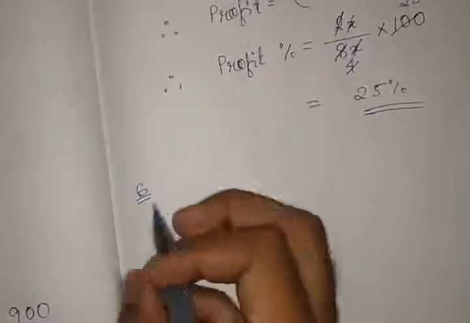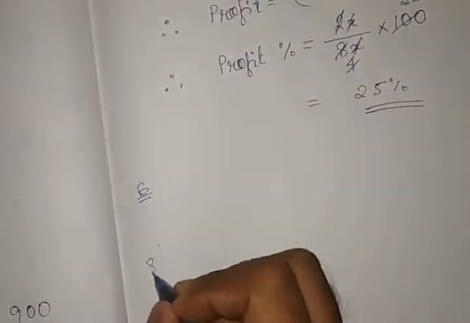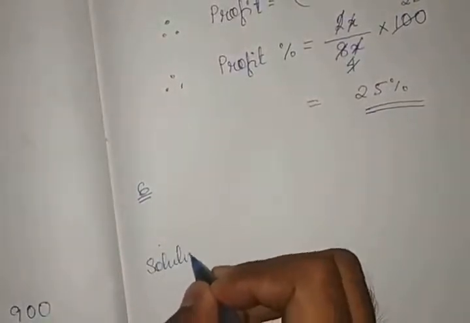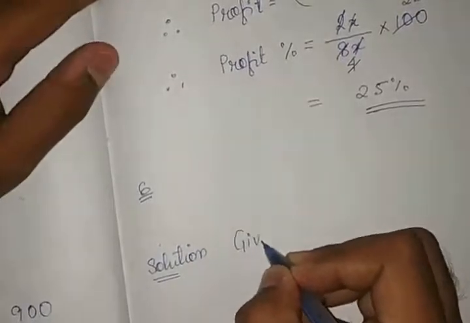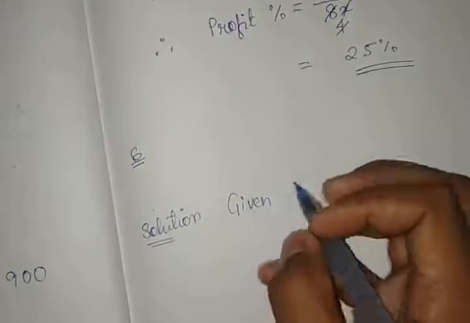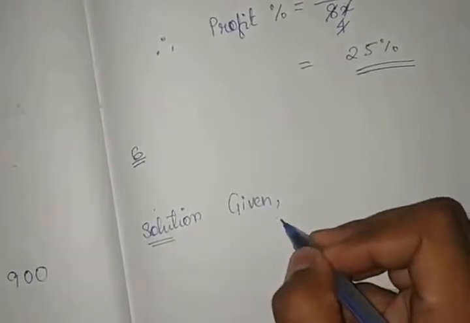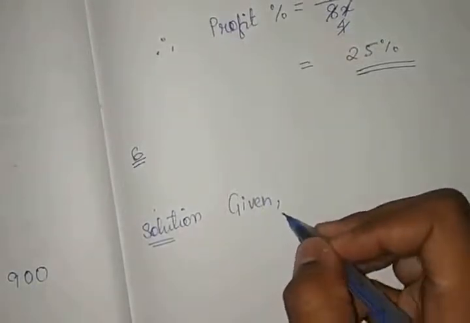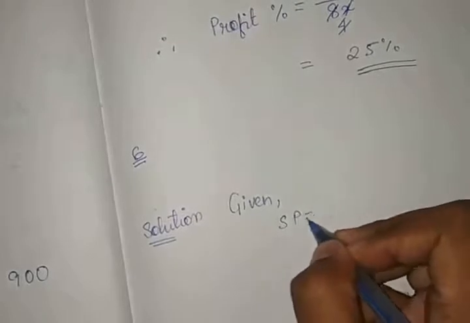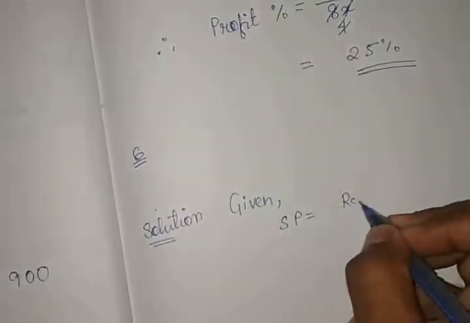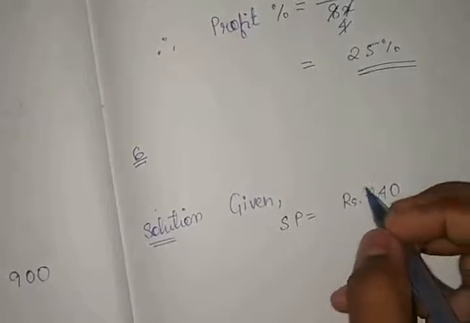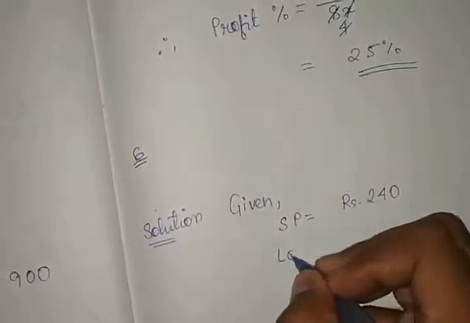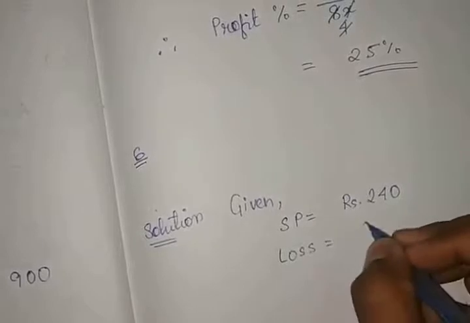Then here the selling price has been given to us. Selling price is given, rupees 240, and loss is given, 20%.